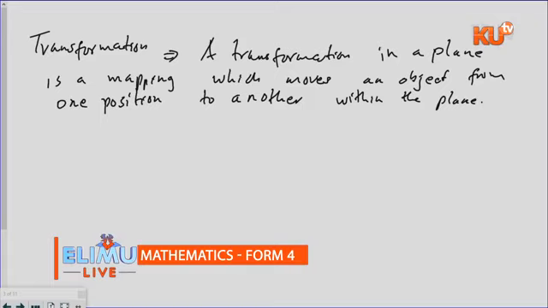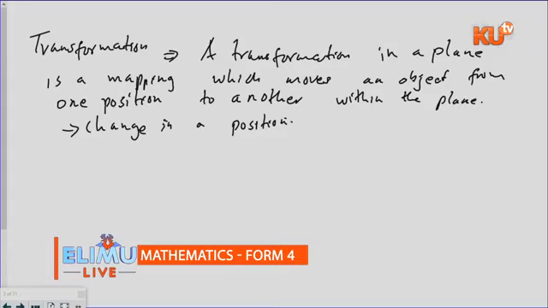And so in a plane, the figures or those objects within the plane change position. So the issue here is simply about change in position. So an object can only undergo transformation if we can see there is some change in the position on the particular plane that we've been given.